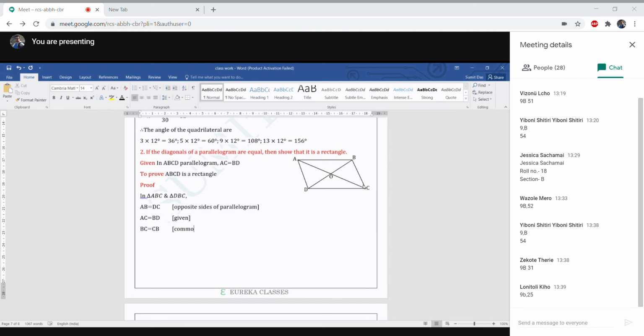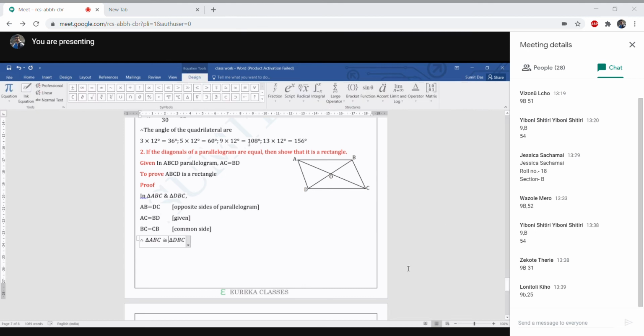Therefore triangle ABC is congruent to triangle DCB.